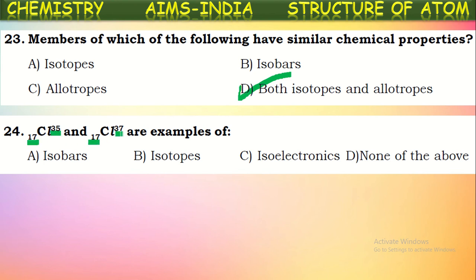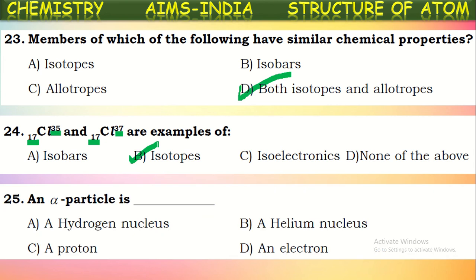One has 35 whereas the other one has mass number 37. So like this, atoms with the same atomic number but different mass numbers are known as isotopes. Okay, chlorine 35 and chlorine 37 are isotopes. These are examples of isotopes, because they have the same atomic number but different mass numbers.